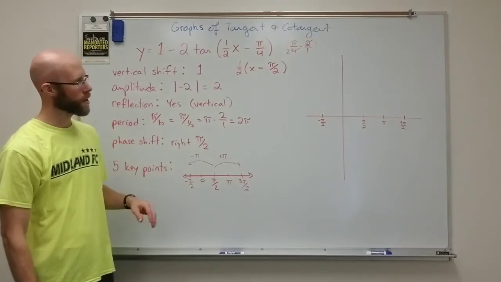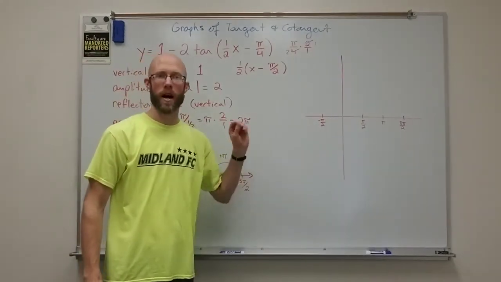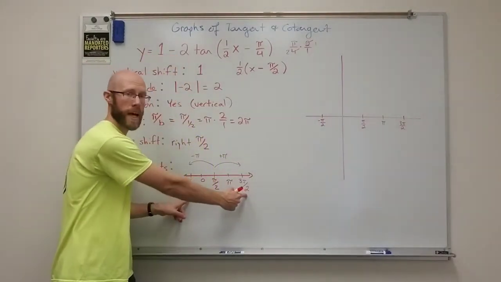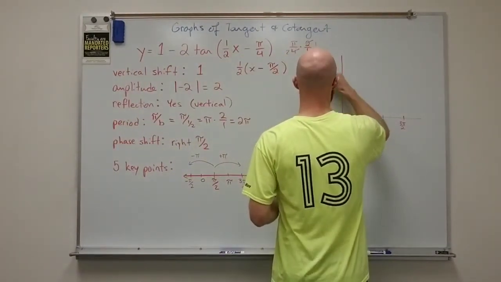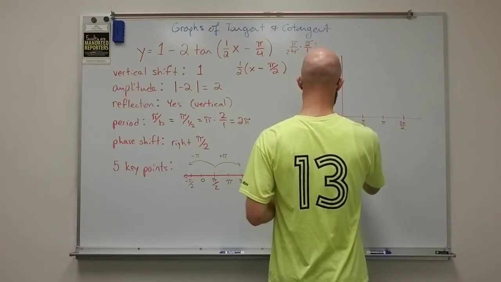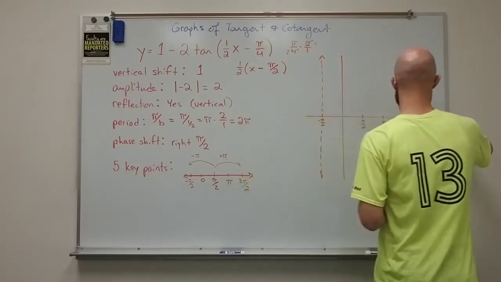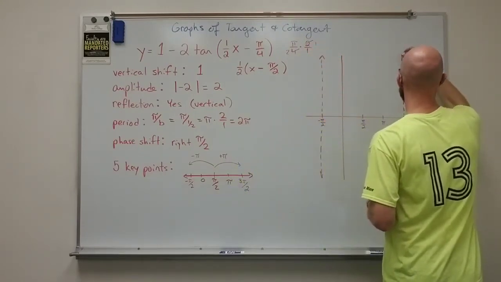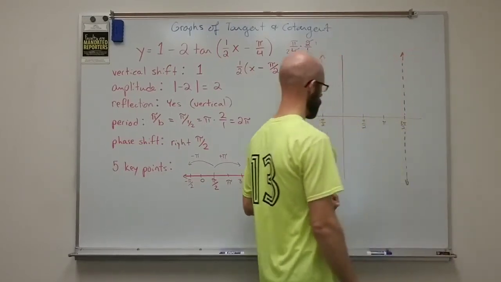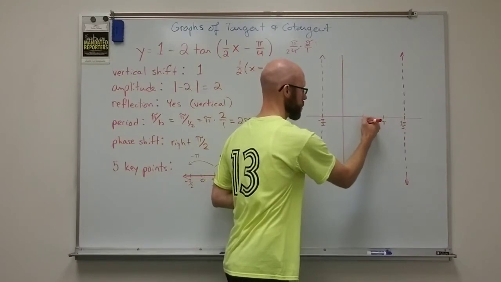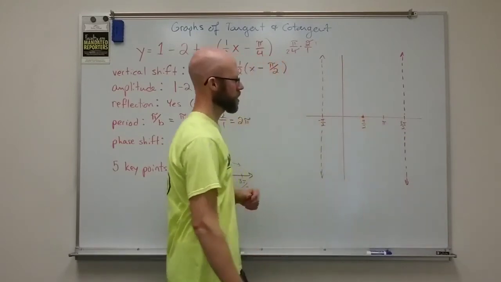I know that when I plot this out on the 5 key points, the 2 on the ends are going to be my vertical asymptotes. So I can sketch those in. And then the point in the middle is going to be the x-intercept.